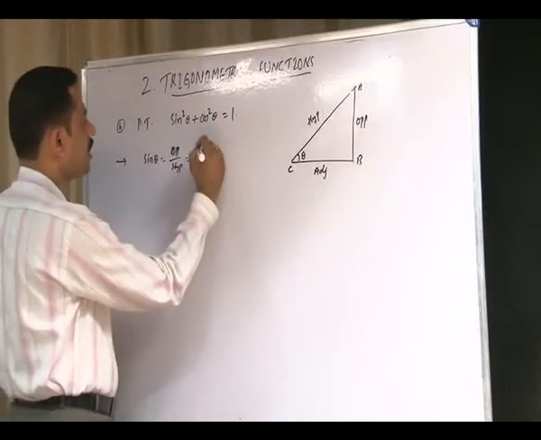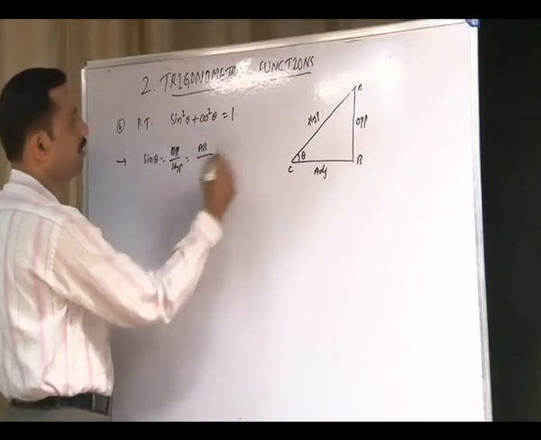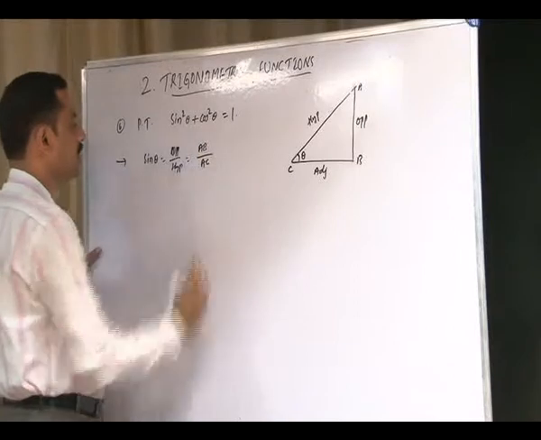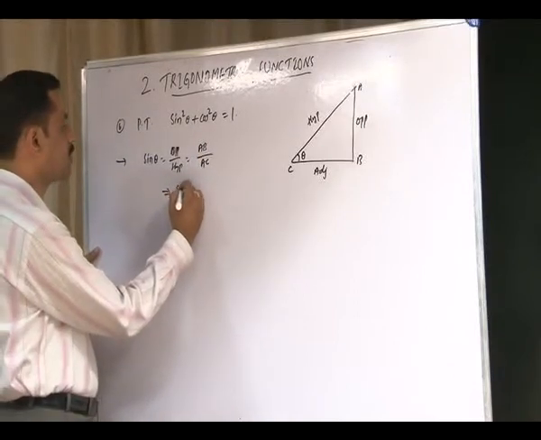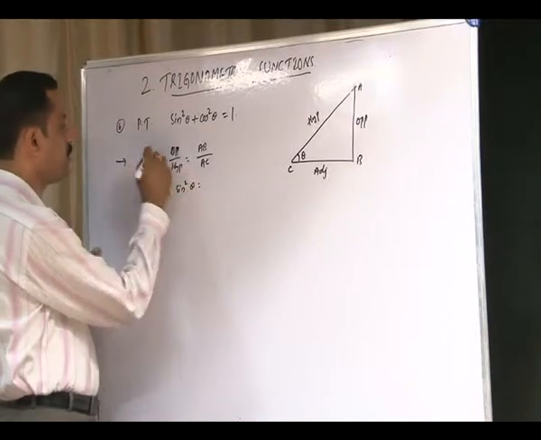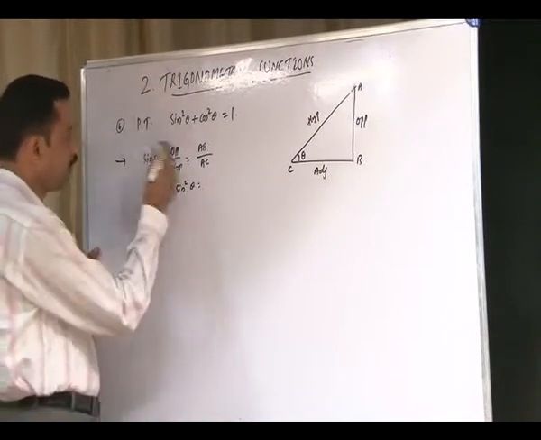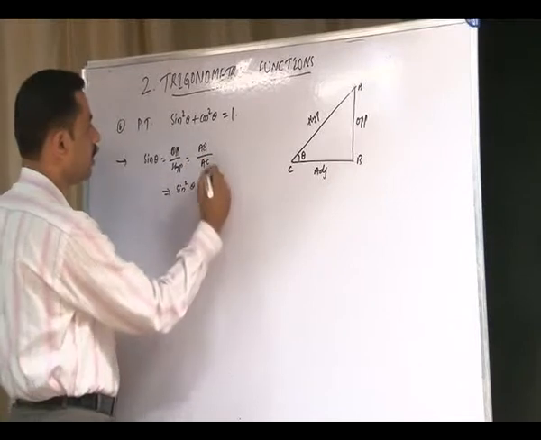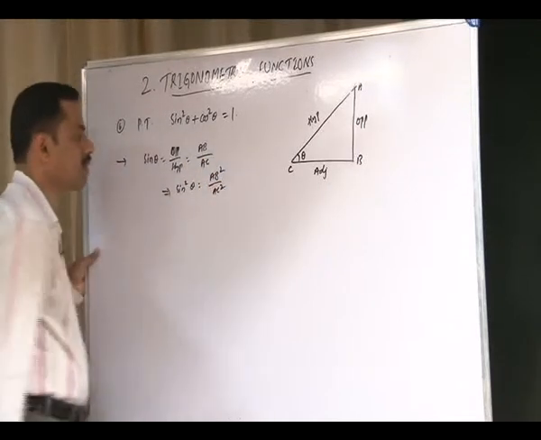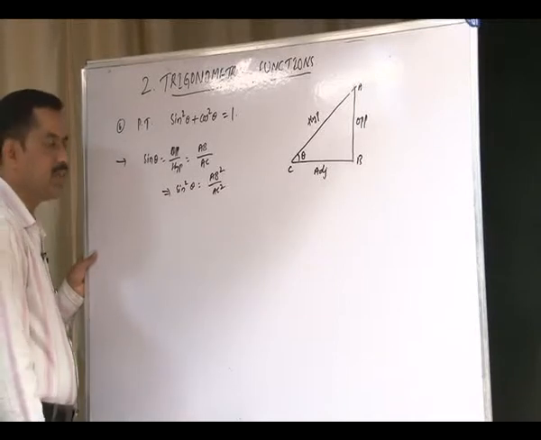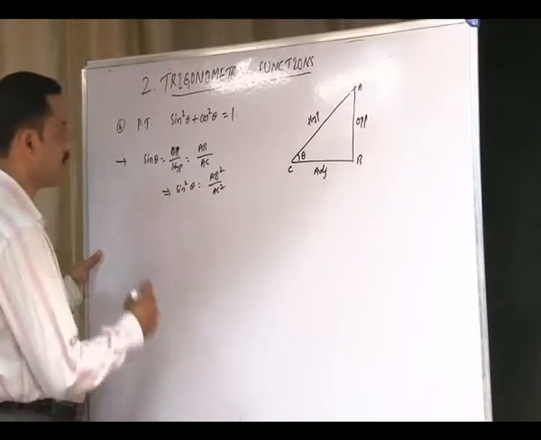So, opposite side is AB divided by hypotenuse is AC, that is sin theta. That implies if you square this sin theta, then we get sin square theta is equal to AB square divided by AC square.